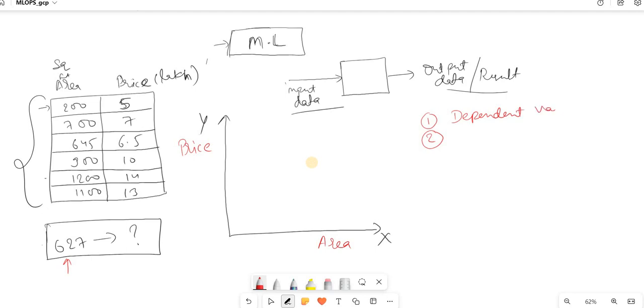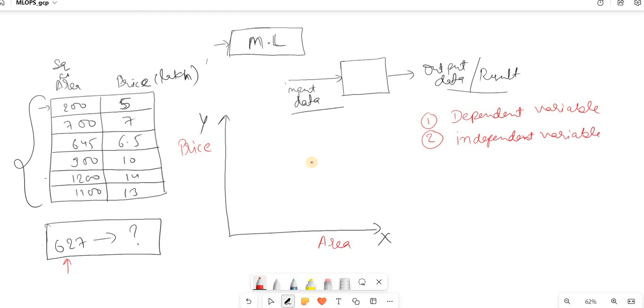I will request everyone who is starting machine learning to ask your questions, so that I understand what you are not able to get, and accordingly I'll prepare a class or try to answer it here. The first is dependent variable, and the other is independent variable.